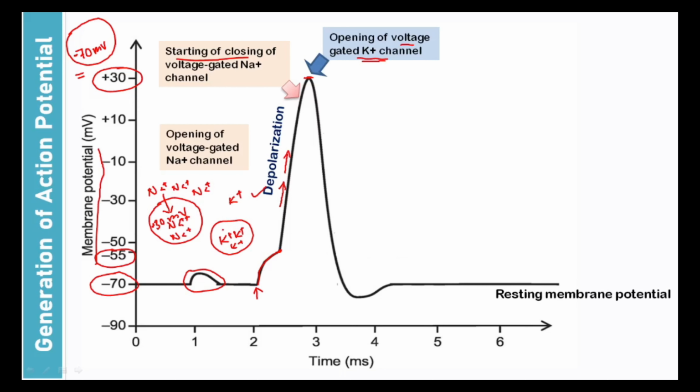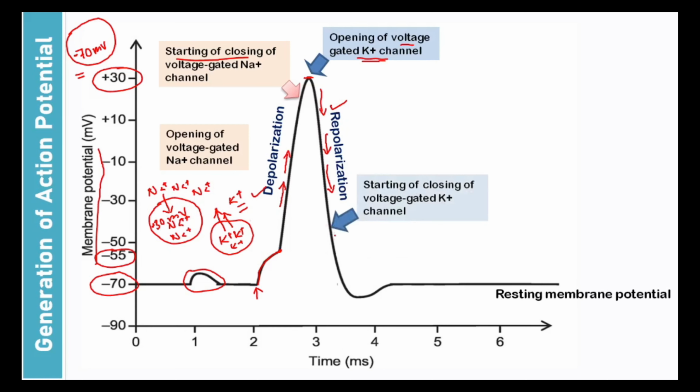So as soon as the voltage gated potassium channel opens, potassium goes outside. A positively charged ion is going outside, therefore the membrane potential is decreasing, which is known as repolarization. So the membrane potential is coming back to the resting membrane potential. This particular phase is known as repolarization.